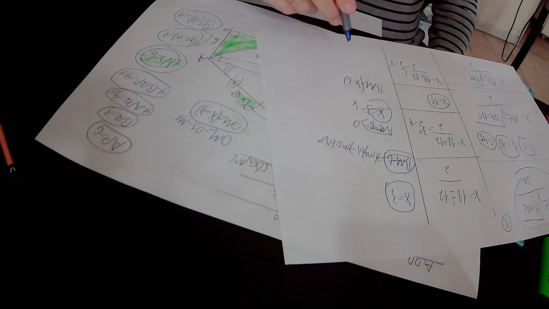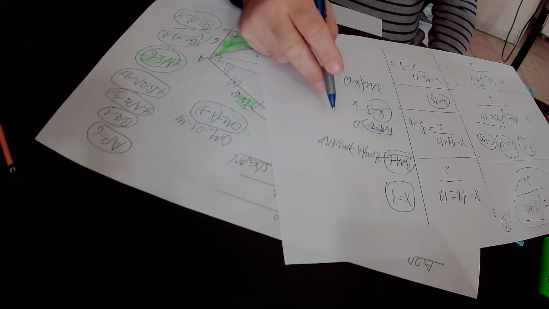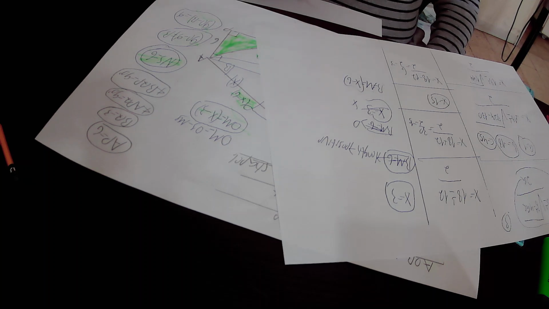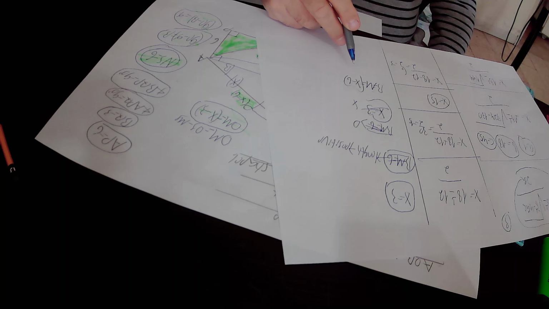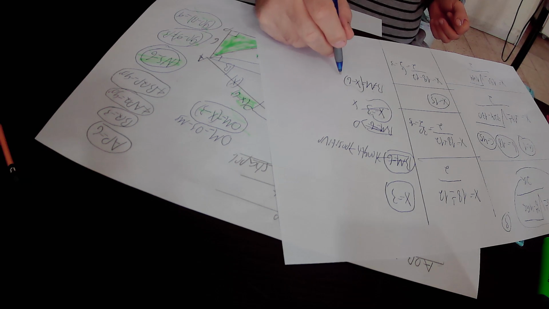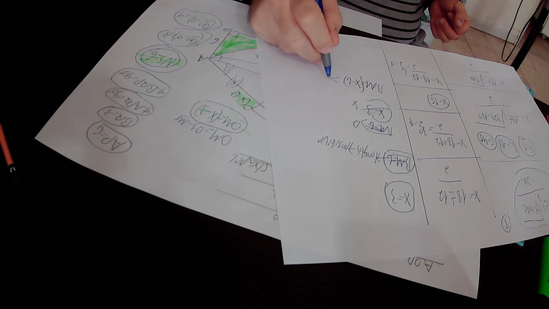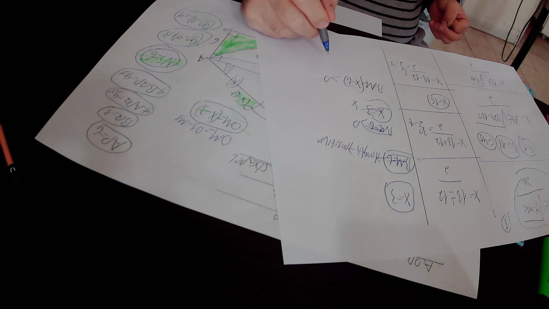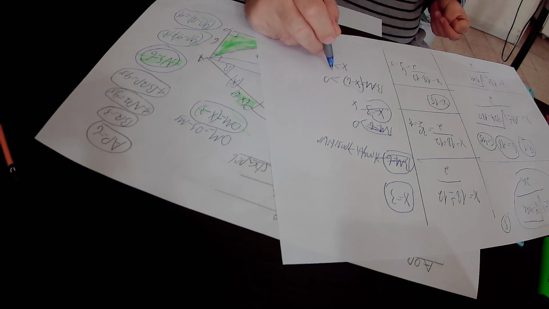Okay, so BM is a length, and as a length it must be a positive number. So BM that is equal to x minus 6 must be a positive number. So x minus 6 must be greater than 0. If x minus 6 must be greater than 0, it means that x must be greater than 6.